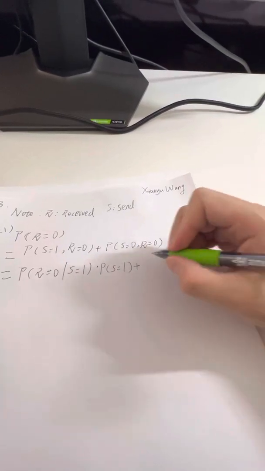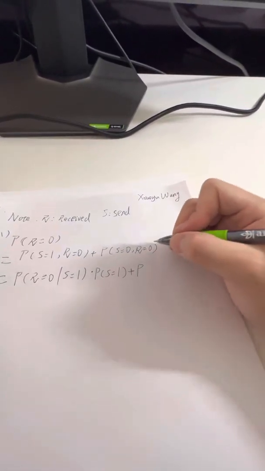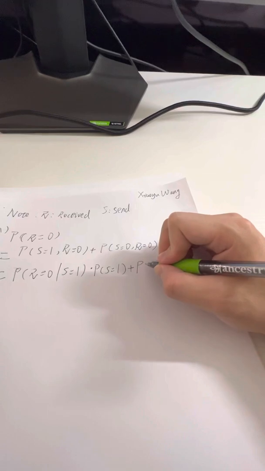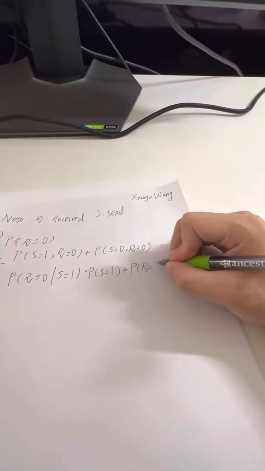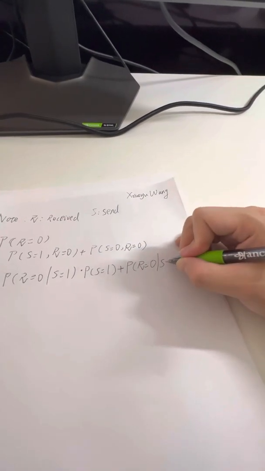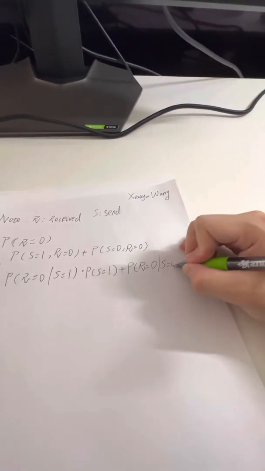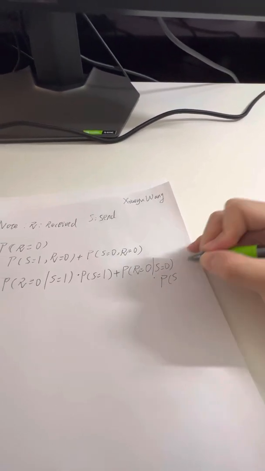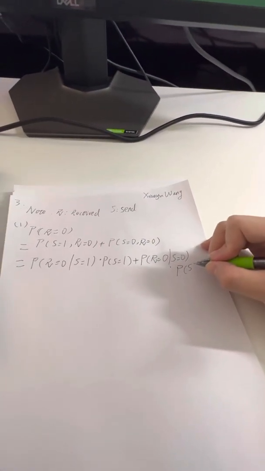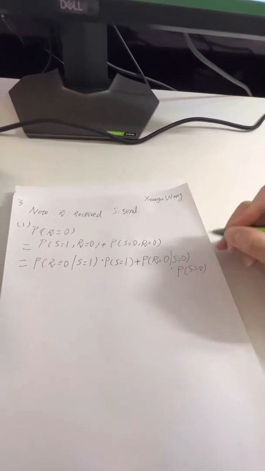And this one can also be represented as the probability that you receive 0 under the condition that you send 0 at the beginning, times the probability that you send 0 at the beginning.